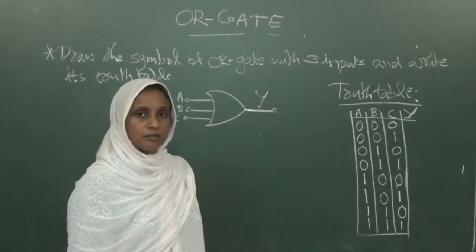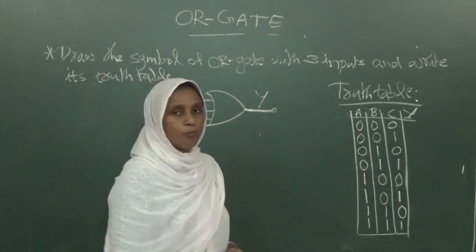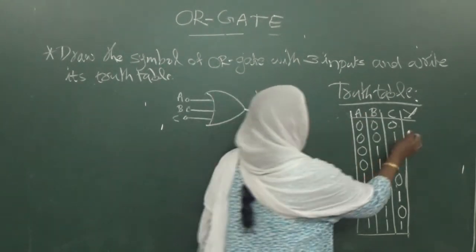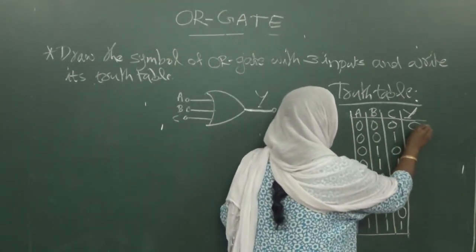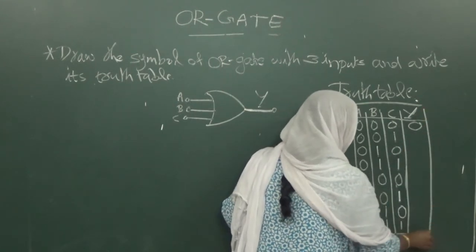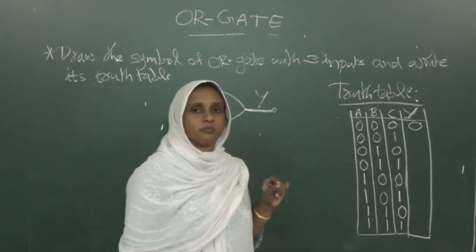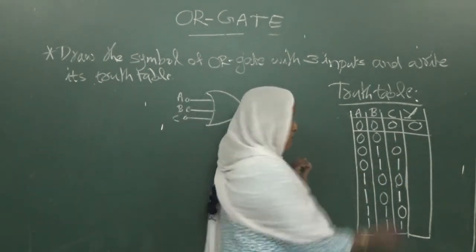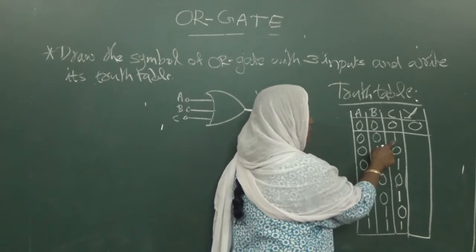8 rows are there. What are the outputs? Here you can see that all the 3 inputs are 0. So here also comes 0. Okay. Then in the second case 0, 0, 1. One input is high.